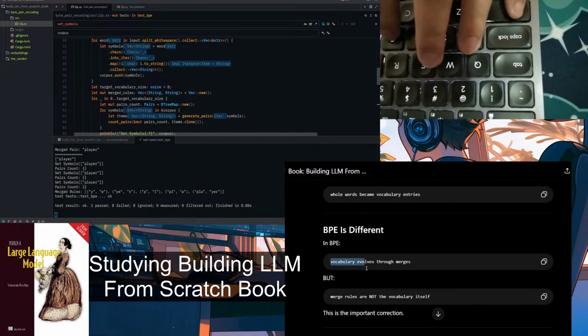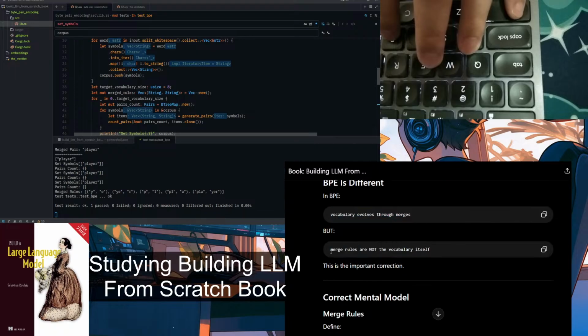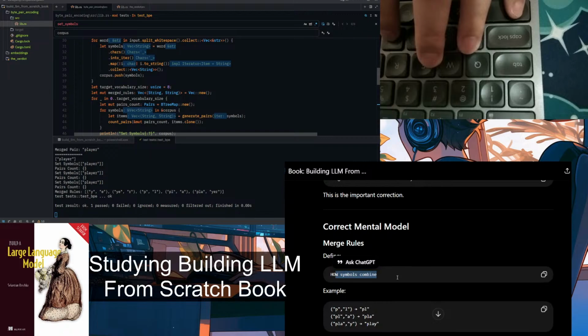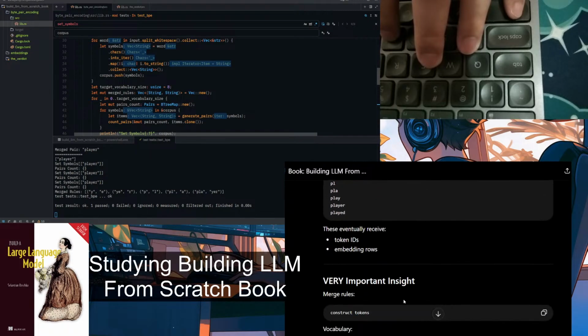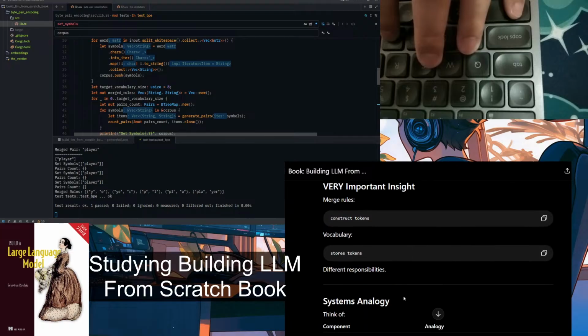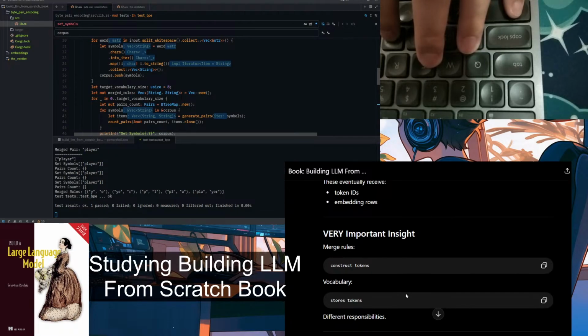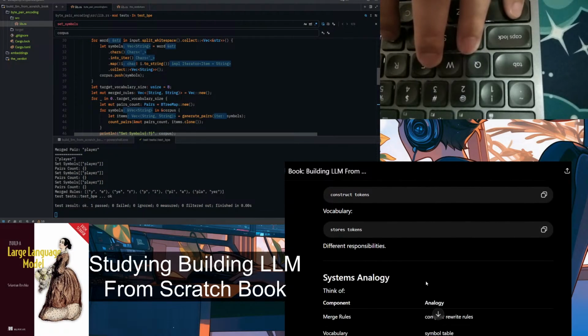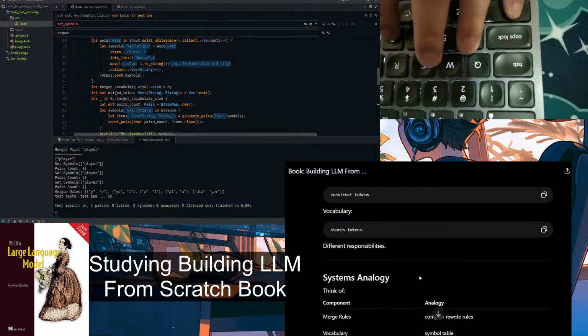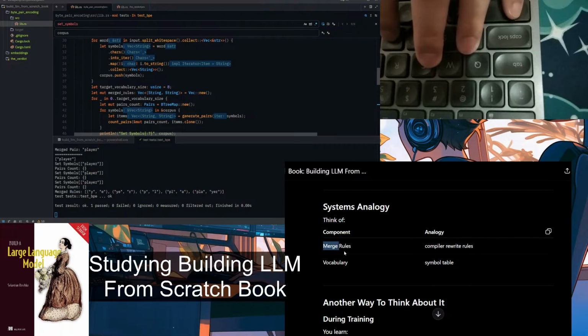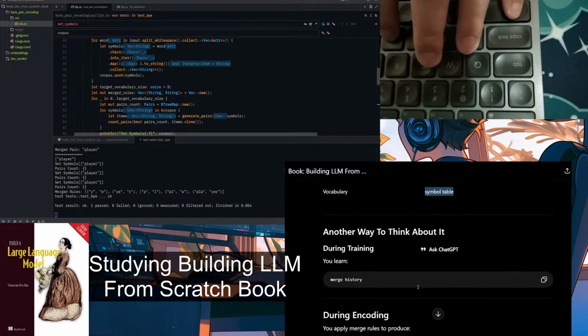In BPE, vocabulary evolves through merges, but merge rules are not the vocabulary itself. This is important: merge rules define how symbols combine. So vocabulary is the resulting set of tokens constructed by merge rules. System analogy: merge rules are compiler rewrite rules, vocabulary is the symbol table. So another way of thinking, during training you learn merge history.